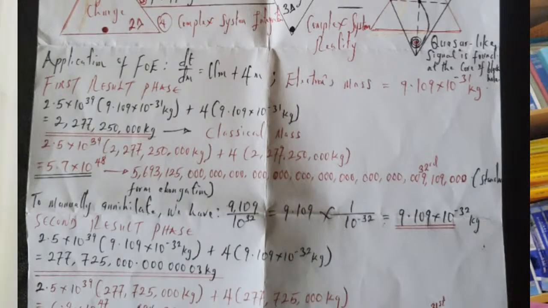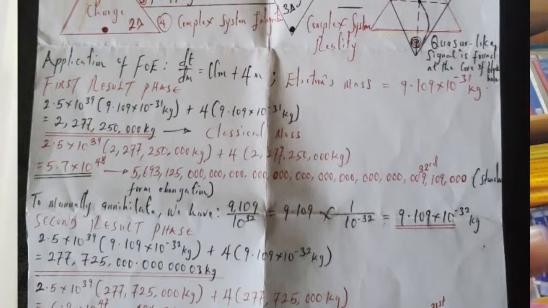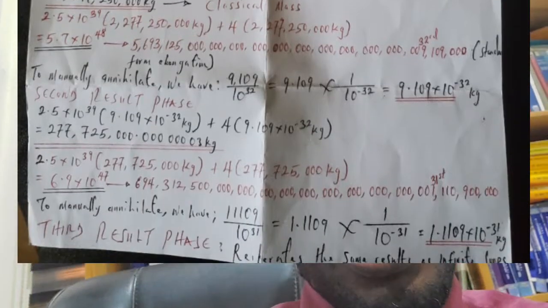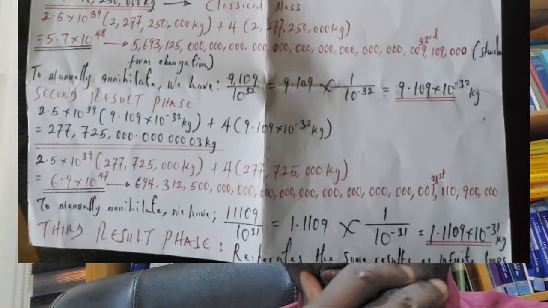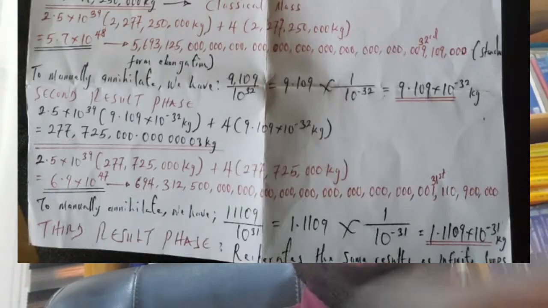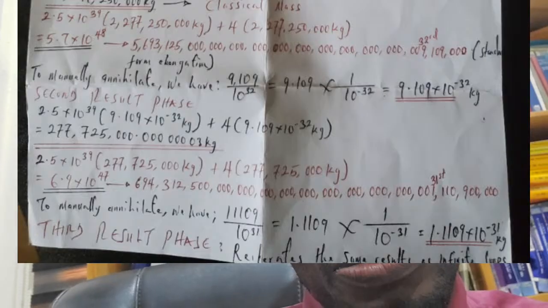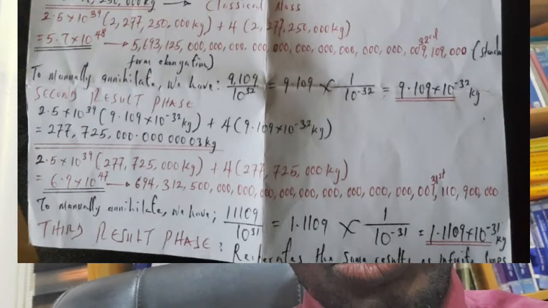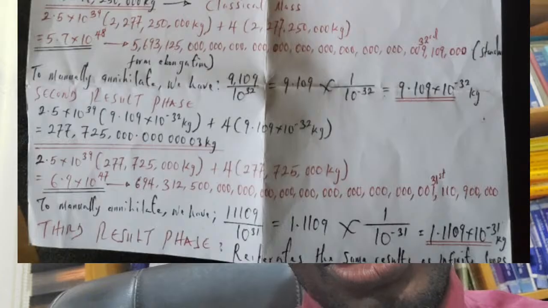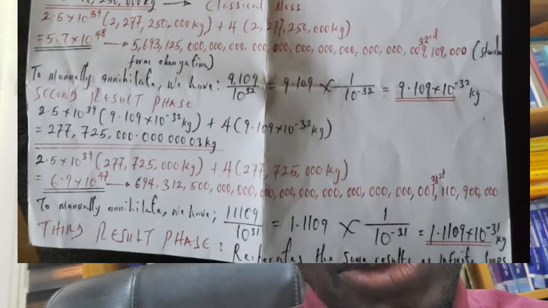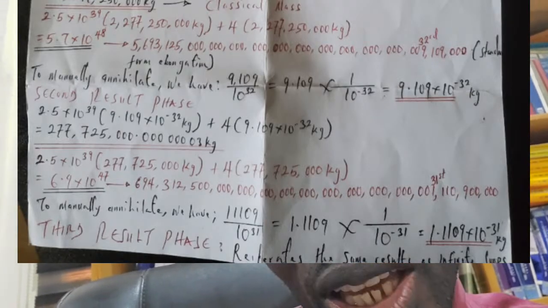So that could be likened to this butterfly effect. Now you can see that with this formula of everything, about the reality of our universe is being modeled. So now, if we truncate the values that we have after the dot, and then supply 277,725,000 kilogram right inside the formula, we're going to get this value.